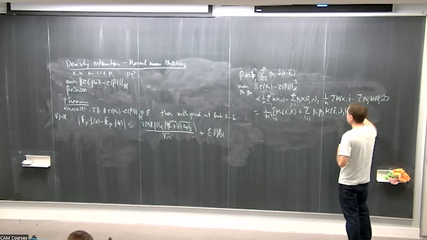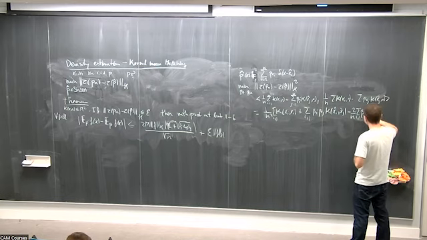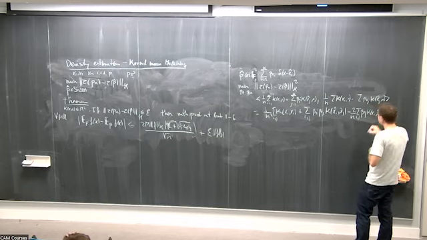Yeah, minus 2 times n sum beta i k with i j x i, x tilde j.